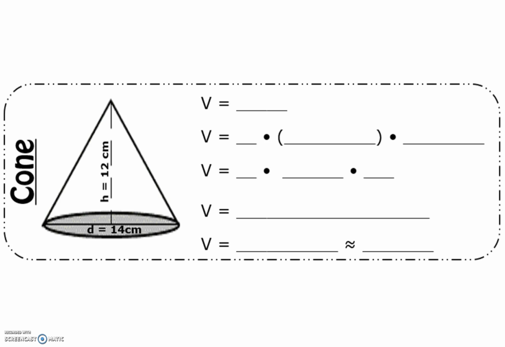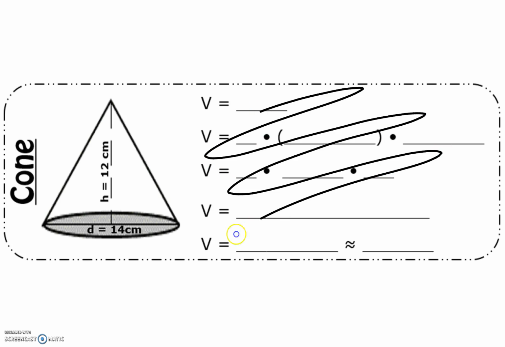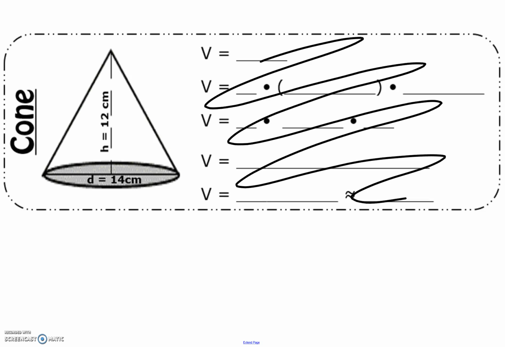So if you go to your ISN, this should be the example that you have in your ISN. Again, you have a blank space here because we're going to build tables instead of doing each individual step like that. It'll help us stay organized more. So we know that volume equals 1/3 area of the base times height.